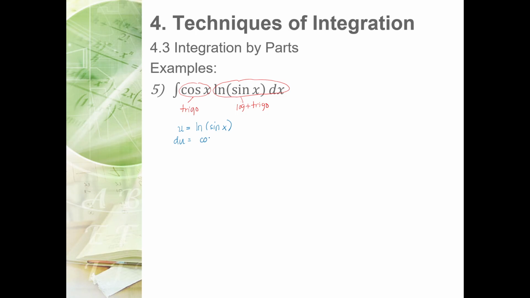So you have cosine x all over sine x dx. So that's how I try to solve the equation. And then I'm going to write now dv, so it matches du. So the other term is cosine x dx. So the v term here, integrated, would be just sine x.